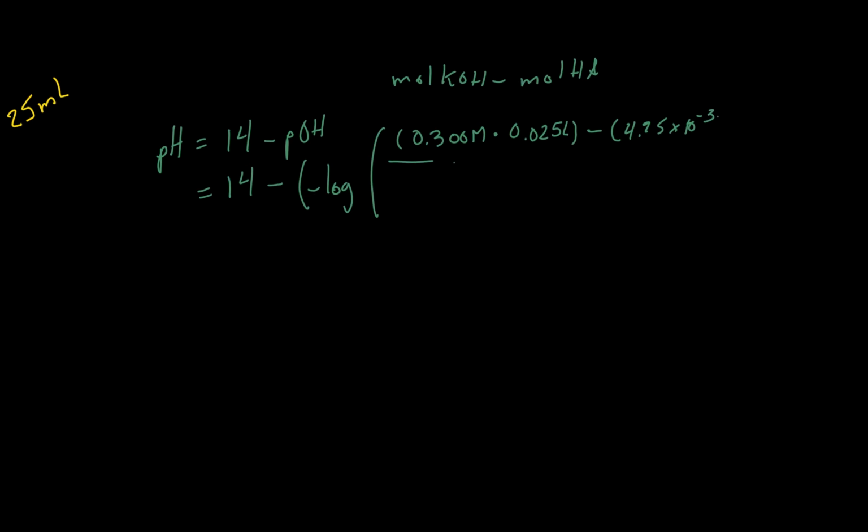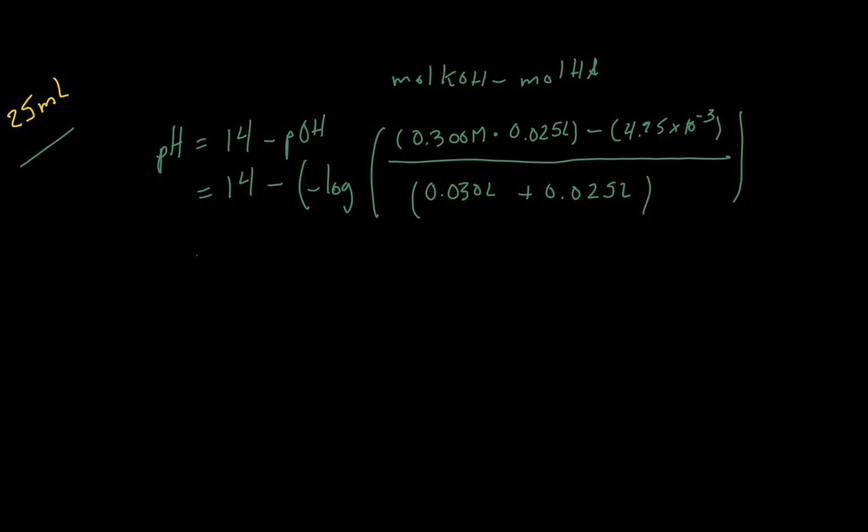And that's divided by the total volume, which is now the initial 30 milliliters of acid plus the 25 milliliters that we have written over here. All right.